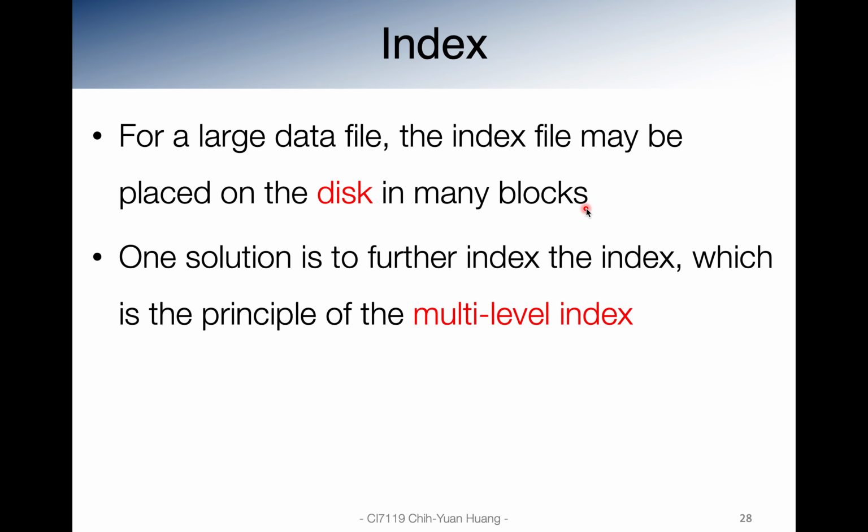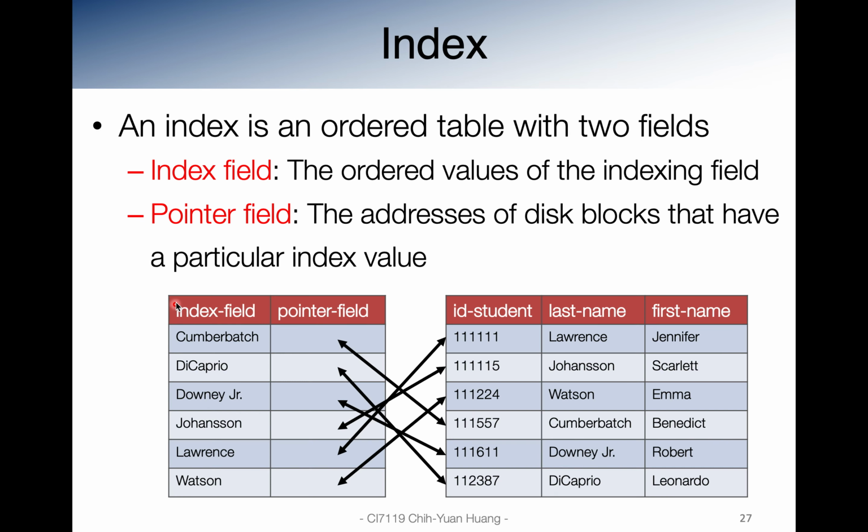As you can see here, it is a very small data set, so we can easily put this index into the memory. Whenever you need to query according to the last name, you can just pull it from the memory and then execute the binary search.